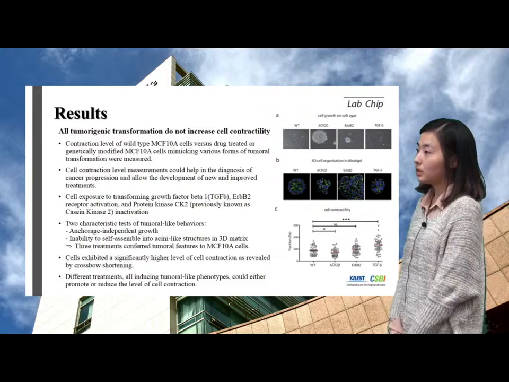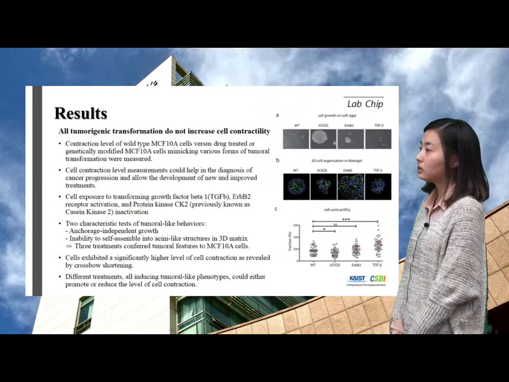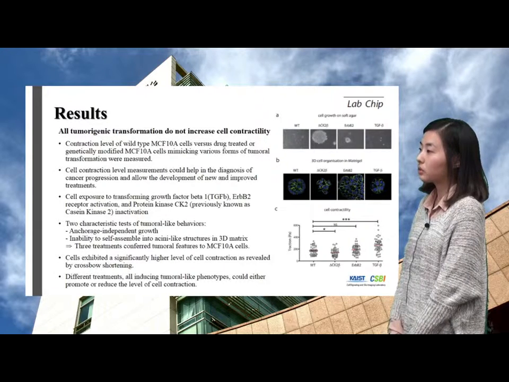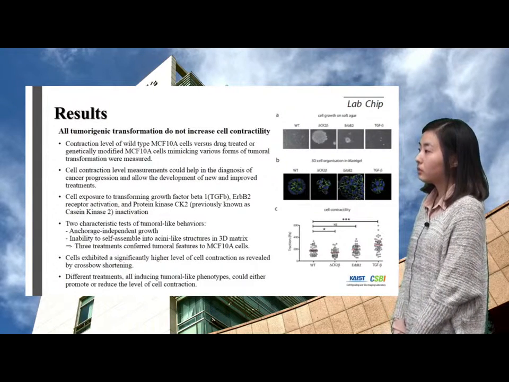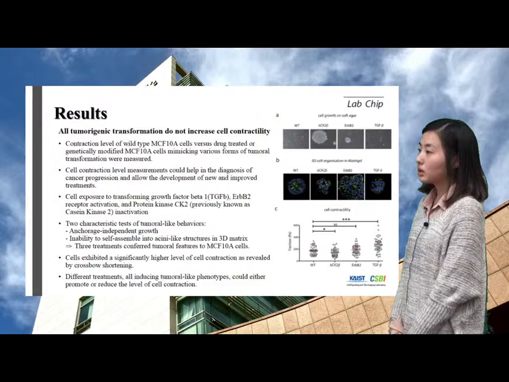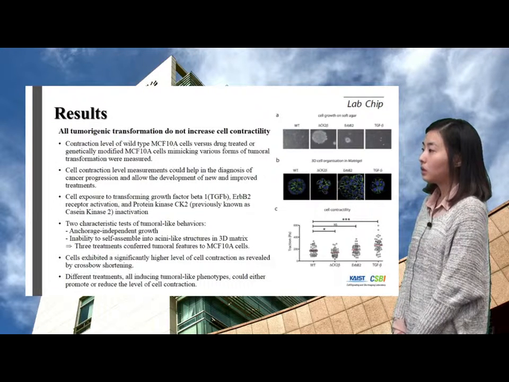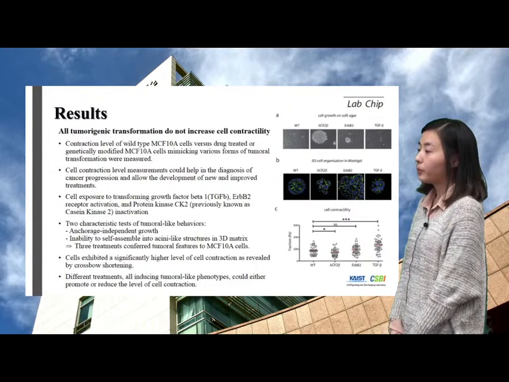Cells exhibited a significantly higher level of cell contraction as revealed by crossbow shortening. Different treatments inducing tumor-like phenotypes could either promote or reduce the level of cell contraction.